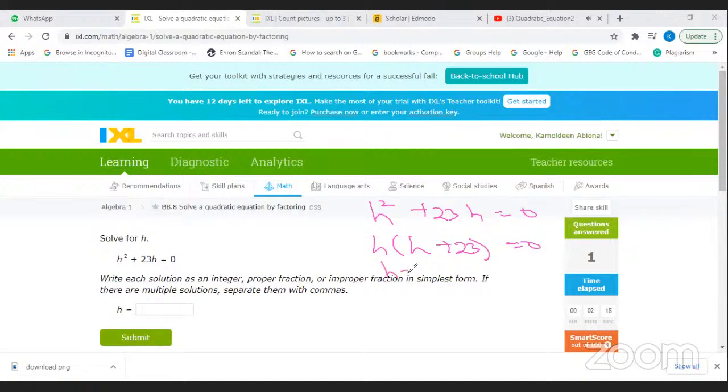So h is equal to 0, or h plus 23 equals 0. Then h equals minus 23. So h equals 0 or minus 23. Just bring your cursor here and put 0, comma, minus 23.